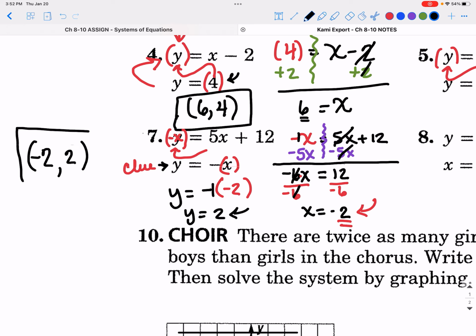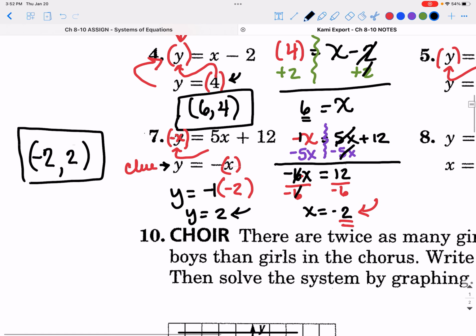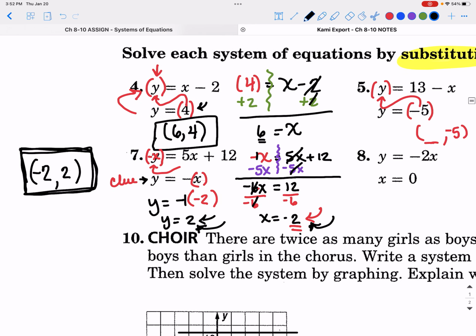And so now my answer is the ordered pair where x is -2 and y is +2. I got that from doing all this work, but this right here is my final answer, the ordered pair -2, 2. So you have to first use your clue to substitute into the first equation, then solve it, take that information, figure out what you're still missing, and then find that. It's kind of like a puzzle.